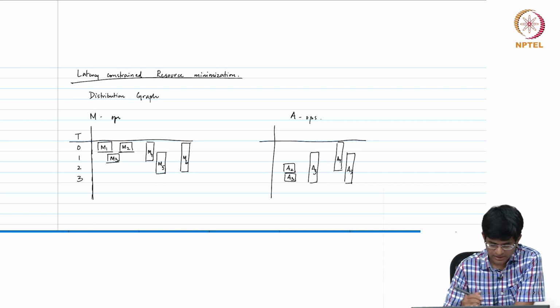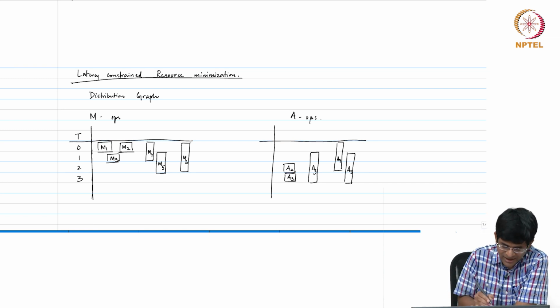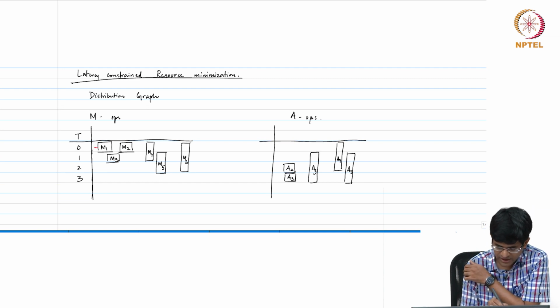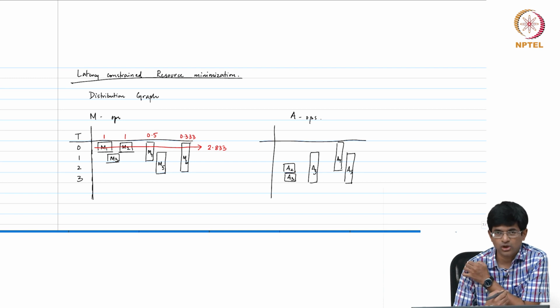Okay. Now, with this information, I can essentially add up the total contribution that I have in each clock cycle and say this is 1 plus 1 plus 0.5 plus 0.333, giving me 2.833. Okay. What have I done? I have basically added up the total contribution corresponding to each of the operations.